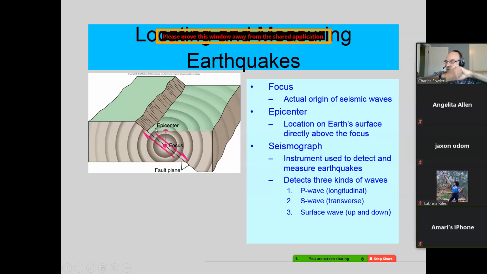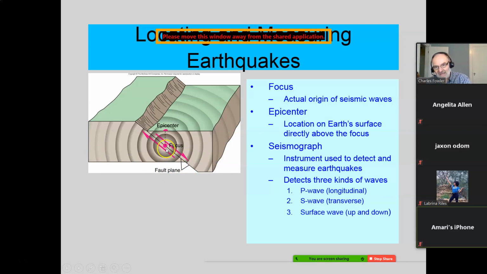It got hung up, and then suddenly something gave. So that was where the earthquake occurred. Right there was something hanging it up. That's the focus of the earthquake. Now, the seismic waves go in every direction. They go down through the earth, they go to the surface, they go everywhere.